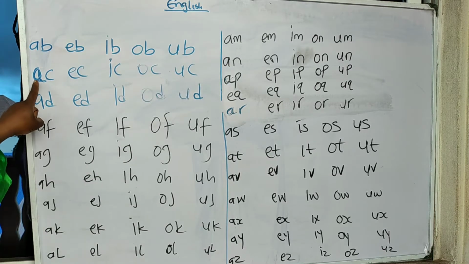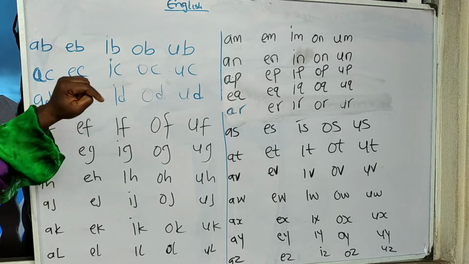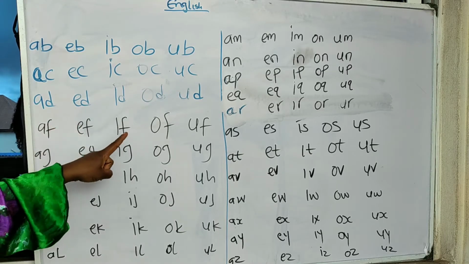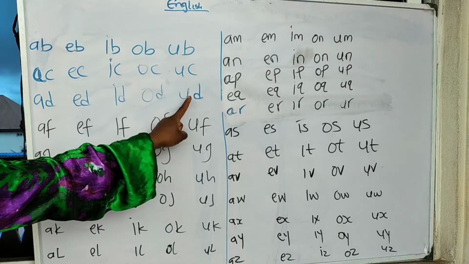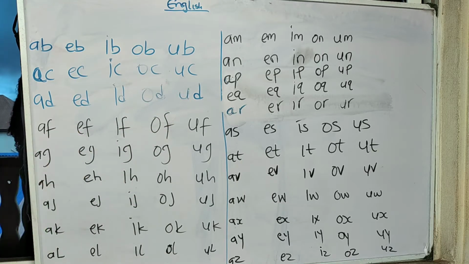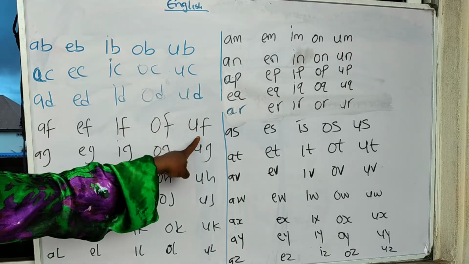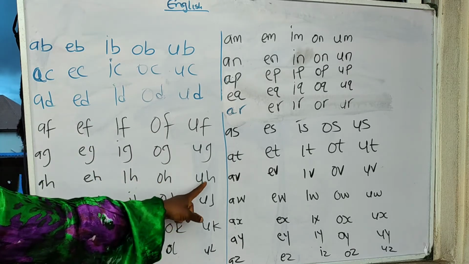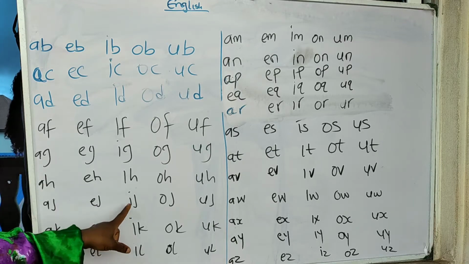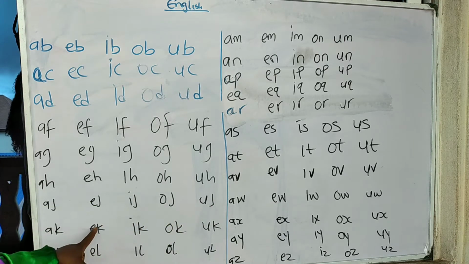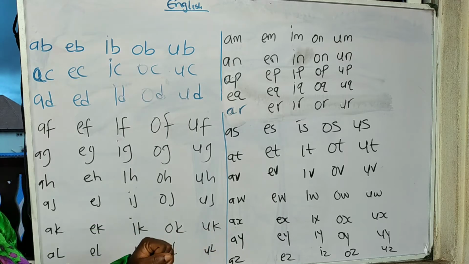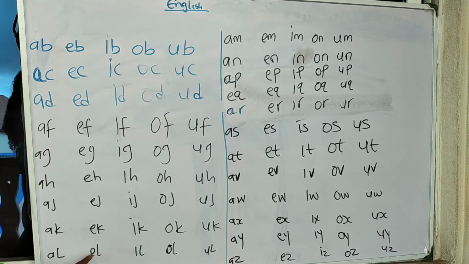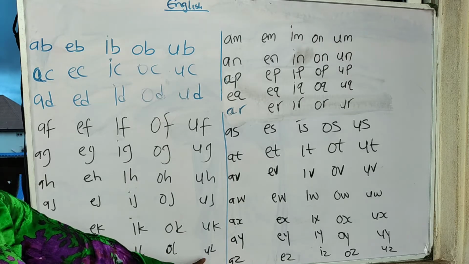Okay, we have ak, ek, ik, ok, uk. ad, ed, id, od, ud. af, ef, if, of, uf. a, e, i, o, u. ach, ech, ich, och, uch. ak, ek, ik, ok, uk. al, el, il, ol, ul.